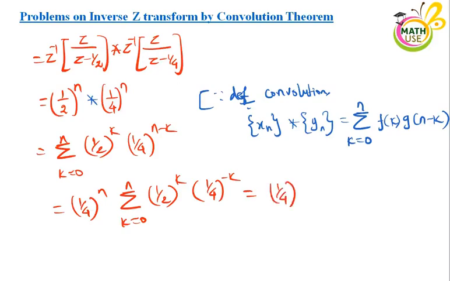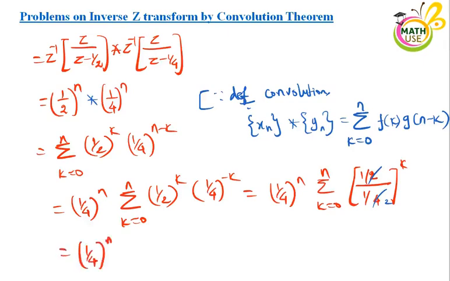We can simplify this expression: we can write (1 by 2) divided by (1 by 4) the whole power k, and here we can cancel 2 and 4, so that 2 will come to the numerator. This comes (1 by 4) the whole power n summation k equal to 0 to n of 2 power k.